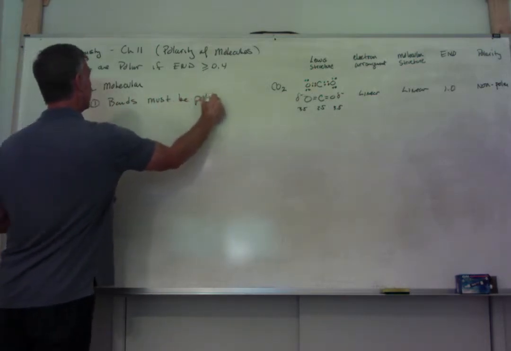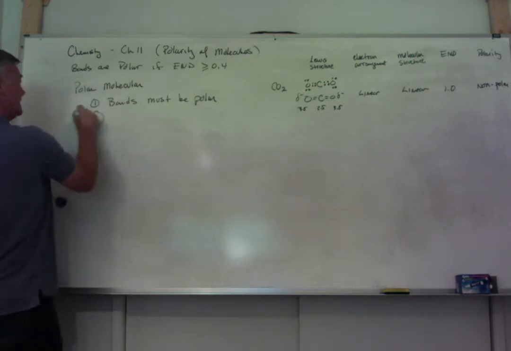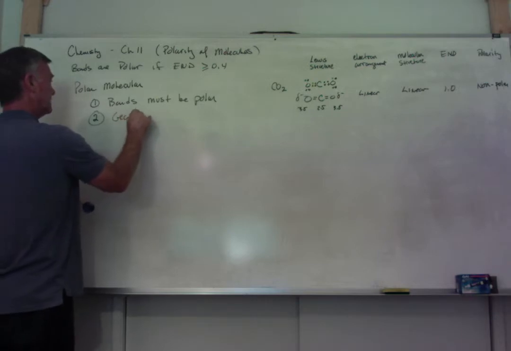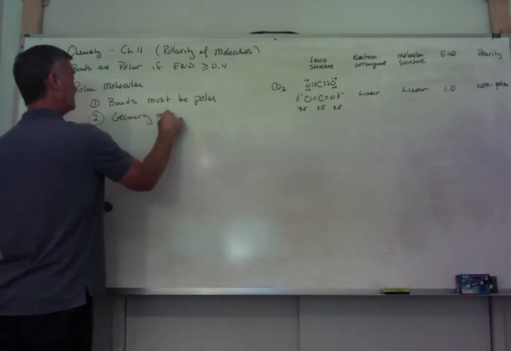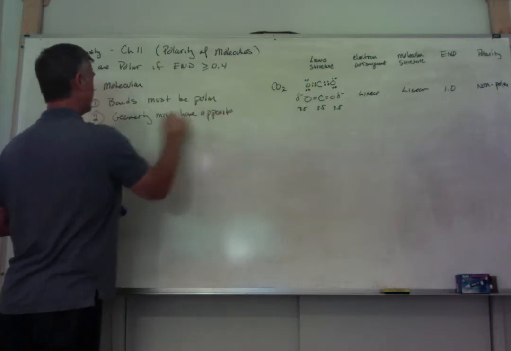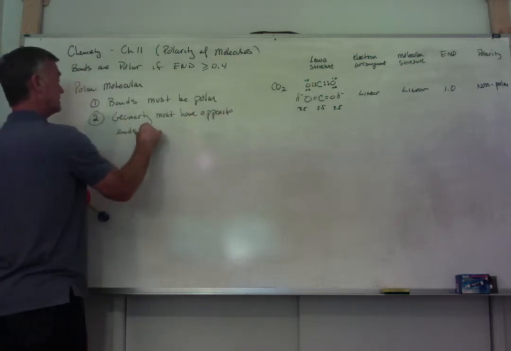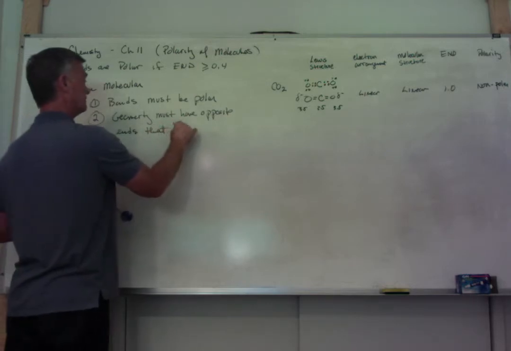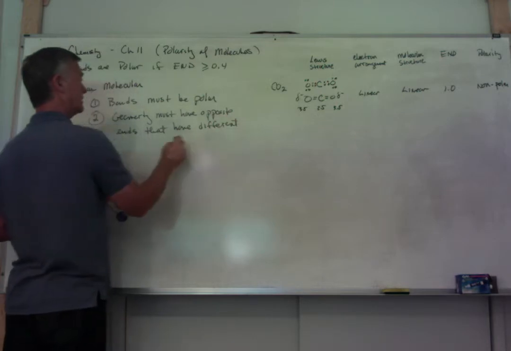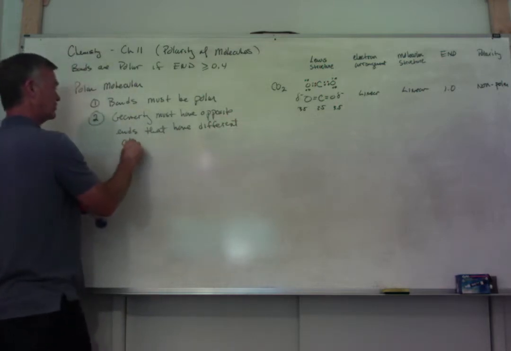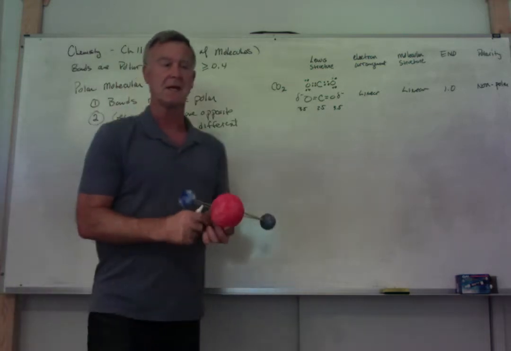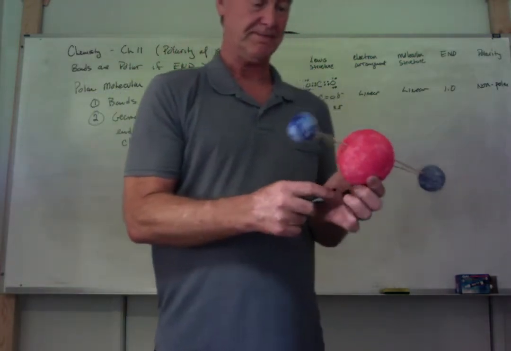And second, the geometry must have opposite ends that have different charges. By charges, I mean partially positive, partially negative. Okay? So let me take you to a second one.